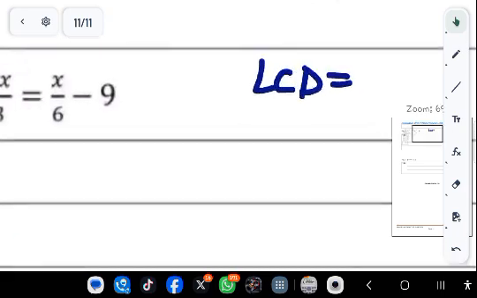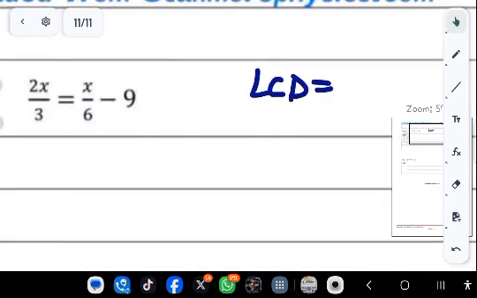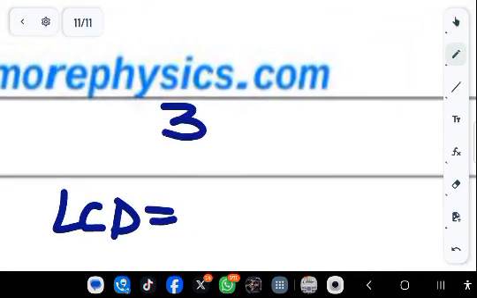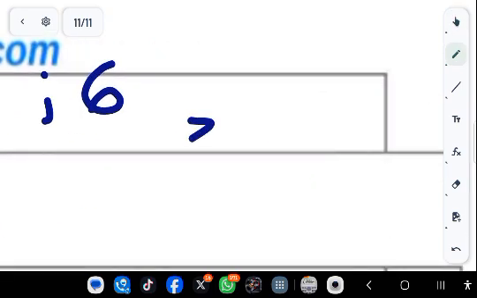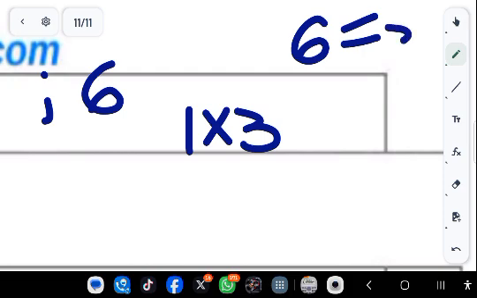Now to find the lowest common denominator, you can either just multiply the denominators together, but these ones have a common factor, 3 and 6. What is the common factor of 3 and 6? Easy peasy. 3 is 1 times 3, and 6 is 3 times 2.